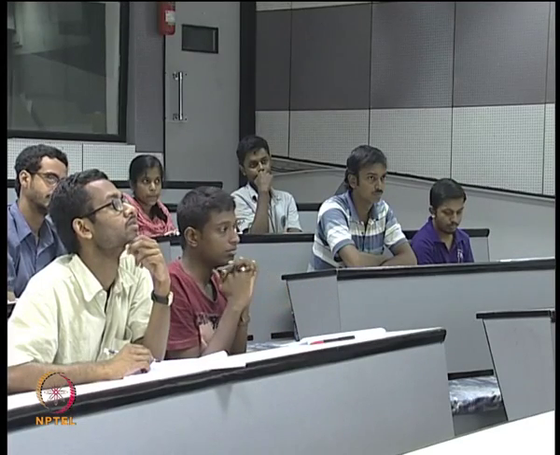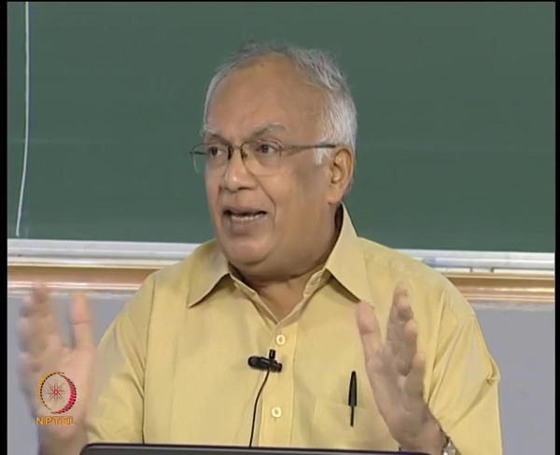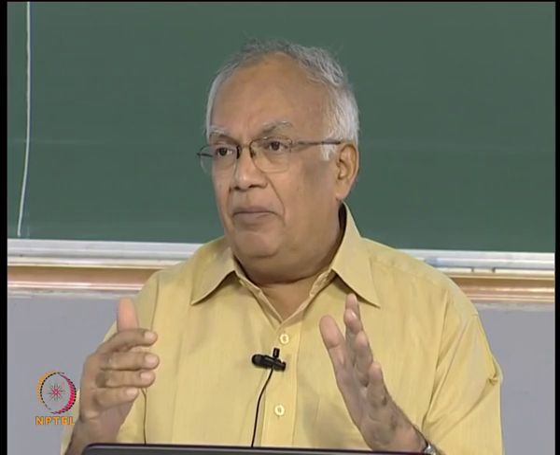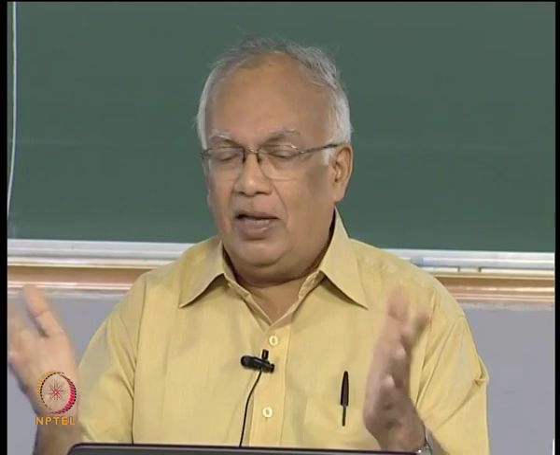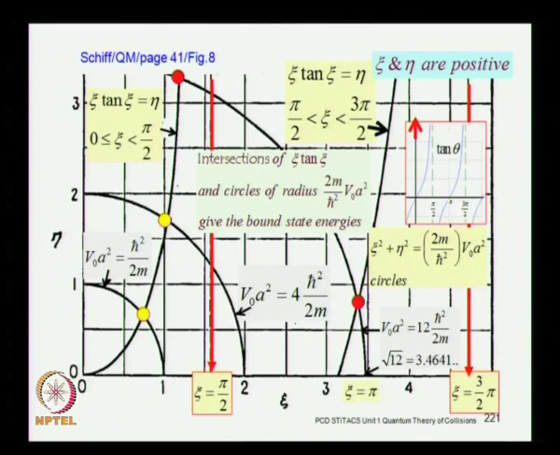A potential of arbitrarily less strength will not be able to hold a bound state, only if it becomes sufficiently deep or sufficiently wide ranged. V0 a square actually depends linearly on the depth and quadratically on the width. So, the potential becomes stronger quadratically with the width and linearly with the depth. That is for a square well, of course, but other potentials have more complicated forms, but this is how you get different numbers of bound states depending on what its strength is.